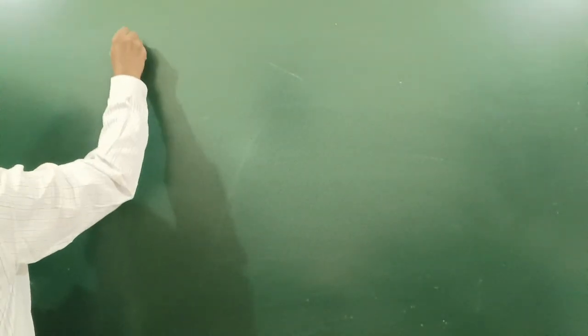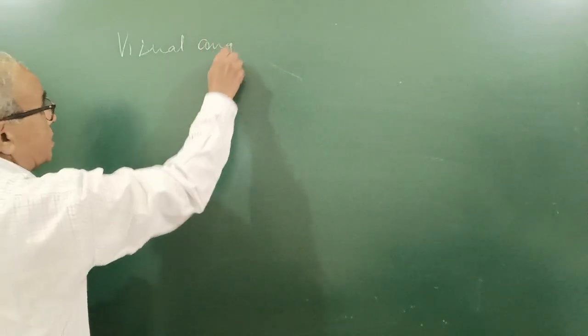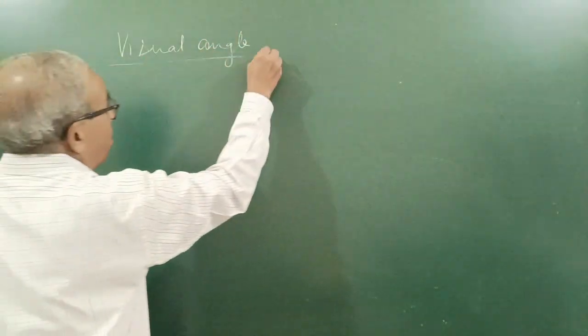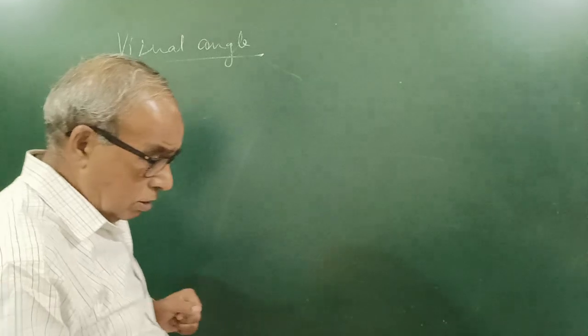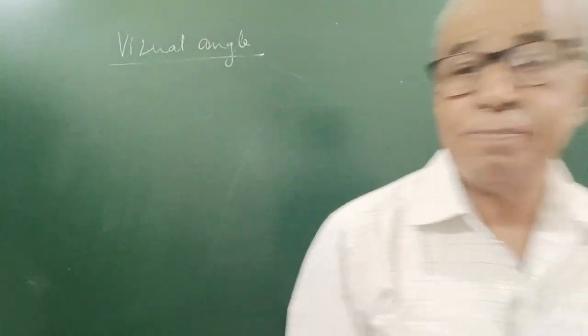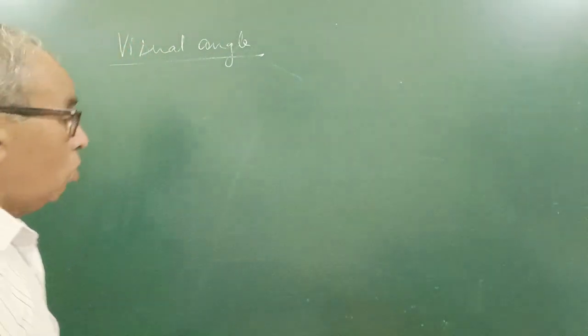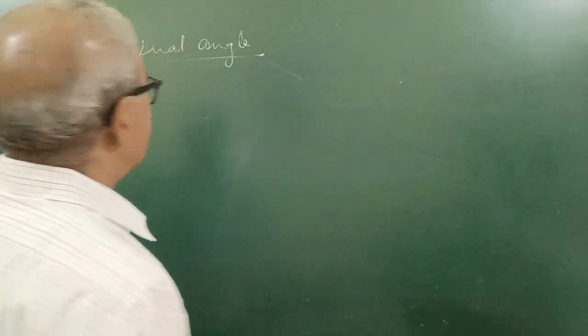So here there is a term. Please listen to this carefully and watch the video carefully. There is a term, visual angle. Actually, every learner wants shortcuts, but in shortcuts we feel some difficulties because some fundamental facts are absent from our knowledge. What is visual angle?